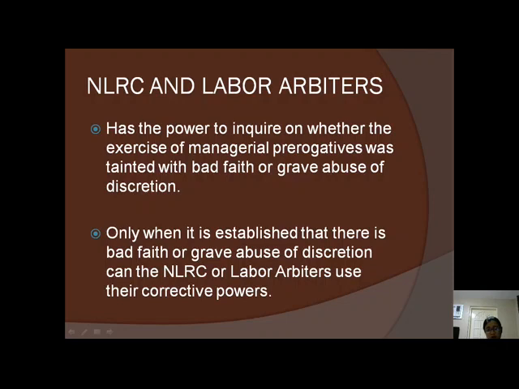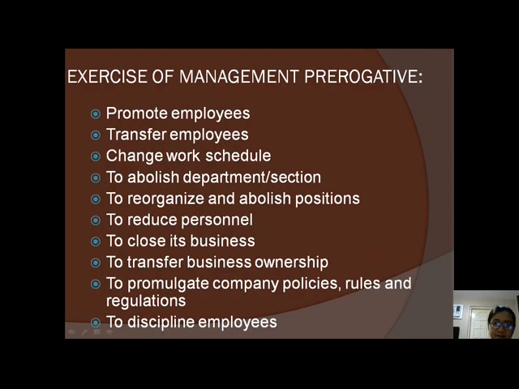So if the exercise of management prerogative is exercised in good faith, then there's no problem. However, if the NLRC finds that the managerial prerogative is tainted with bad faith or grave abuse of discretion, then NLRC has the right to correct such abuse or exercise.